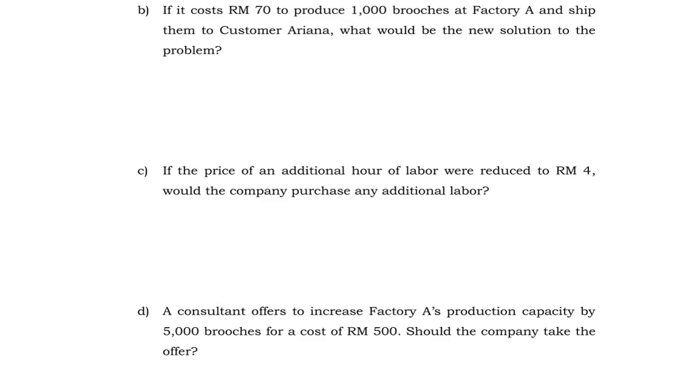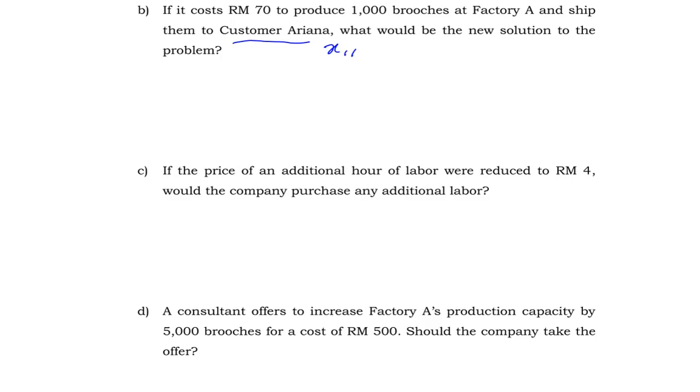So this one is referring to variable x11, first row and first column. Customer Ariana pays 200 ringgit and the cost before this is 60 ringgit, right? Now the cost is 70 instead of 60.